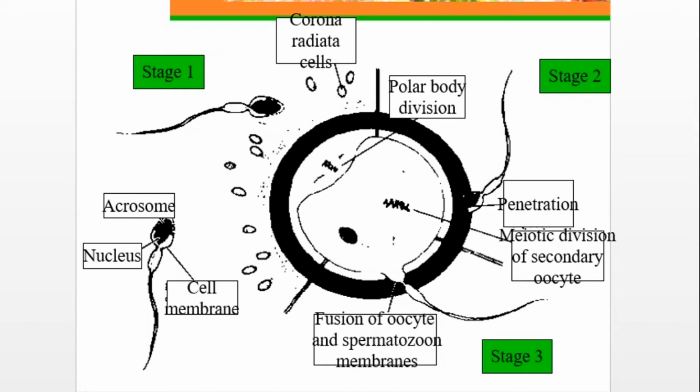It means after penetration of the plasmalemma, liberation happens of cortical granules, which were located before in the peripheral part of the cytoplasm of the ovum.